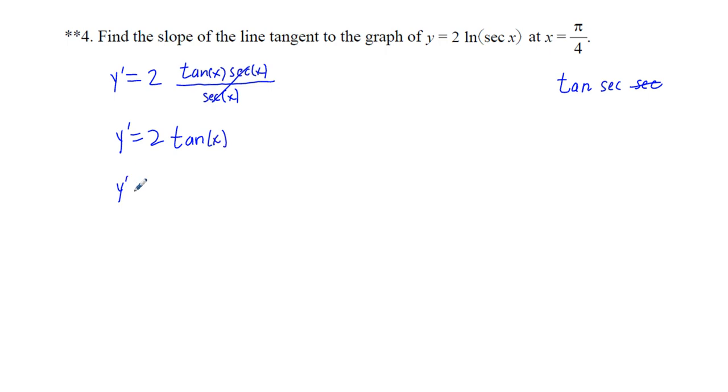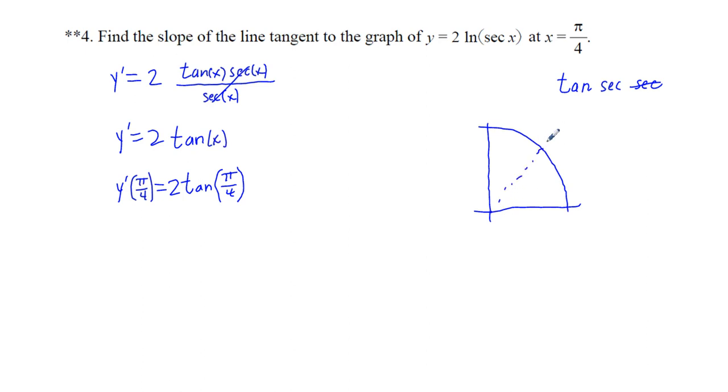So y prime of pi over 4 is equal to 2 tangent of pi over 4. Now, I hope you have enough experience in trigonometry to realize what that is. A lot of these things simplify very, very much, and this is indeed the case here.